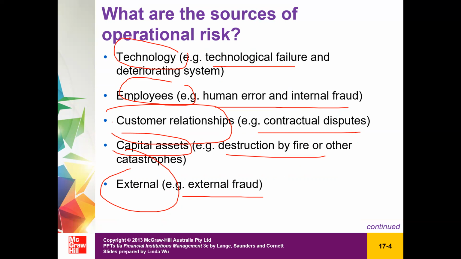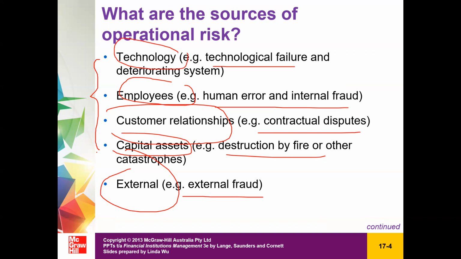The first 4 items are internally controllable by financial institutions' management, while item 5 is an external risk that is not controllable by a financial institution, although a financial institution's systems can build in security safeguards, giving some but not complete control.